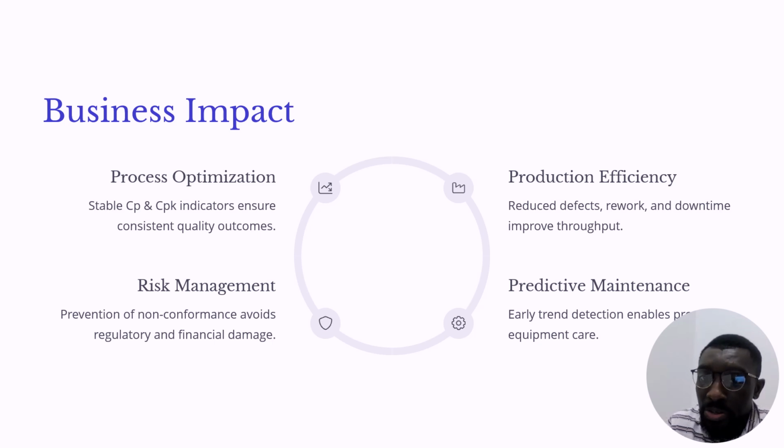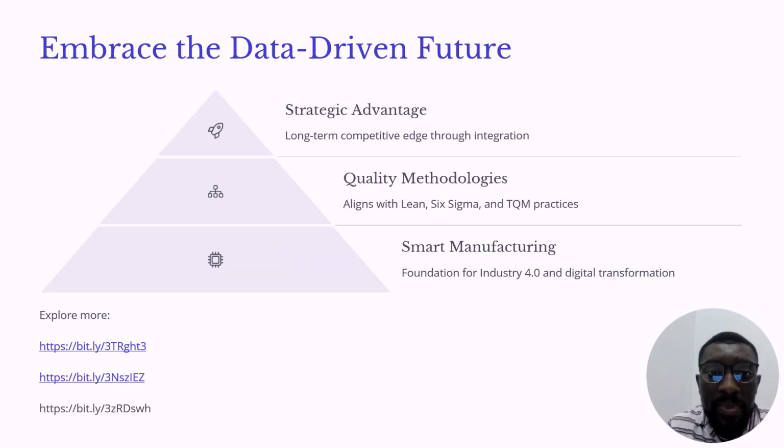The earlier we know the trend detection, the better we can take care of the equipment and the risk presented, which also leads to risk management, which will prevent non-conformance and avoid financial damage. So that's why it's important here.